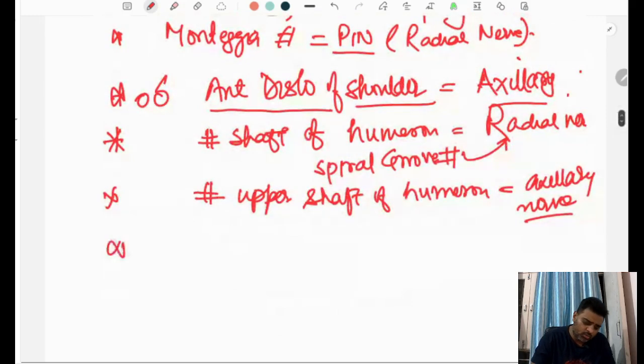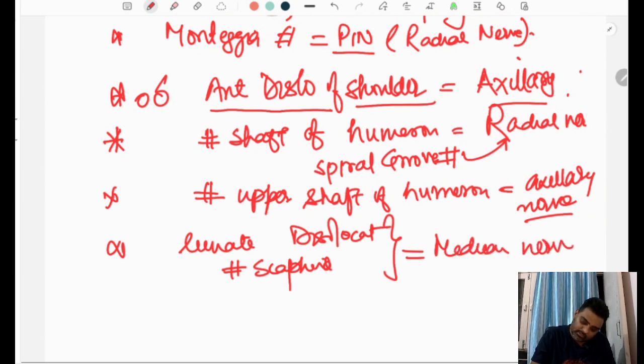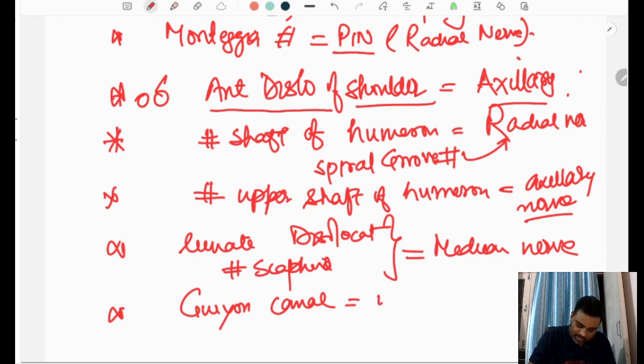If they ask you lunate dislocation or scaphoid fracture, the most common complication is, just like lateral condyle, non-union. The nerve which is involved is the median nerve. In Guyon's canal, it is the ulnar nerve. Ulnar nerve is a musician's nerve.